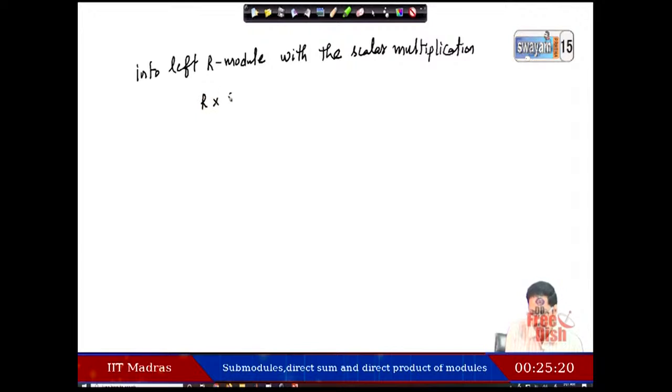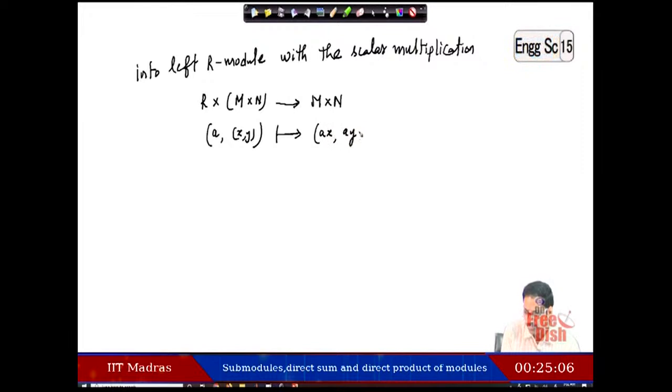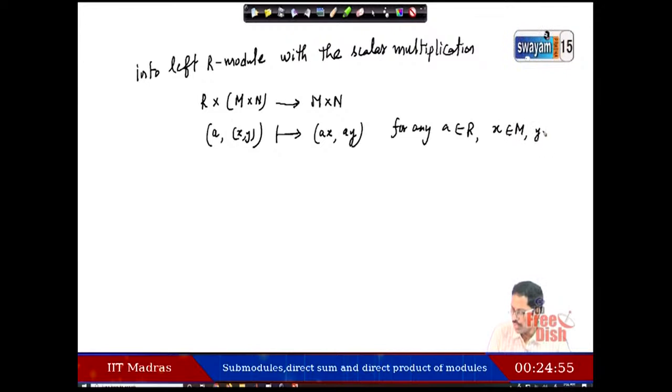For any a in R, x in M and y in N, a times the tuple (x, y) goes to (ax, ay).